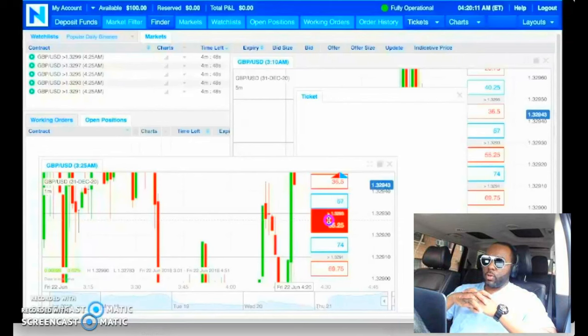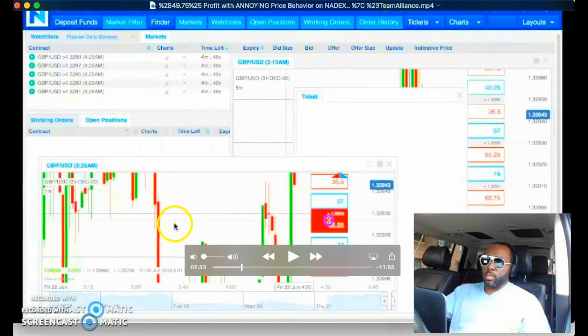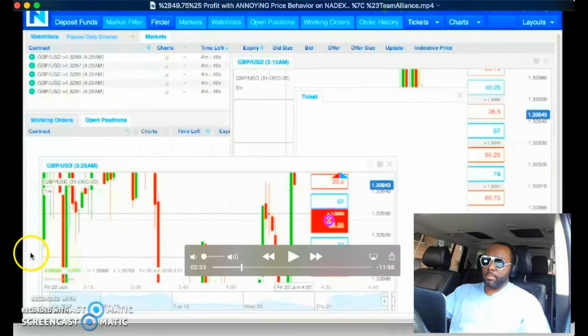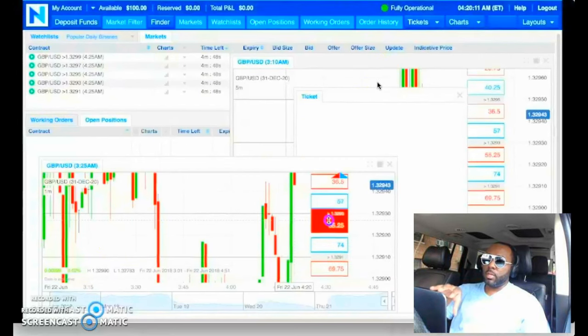So at the money trading on NADEX, at the money option trading, we understand that when we're looking at a trade on the NADEX platform, and this is an example here. This is the chart. Actually, in this video, I have two charts up. This is the 1 minute chart over here on the left, and the one over here on the right is the 5 minute chart. So usually if I'm looking at an at the money approach, I'll have those two charts up.